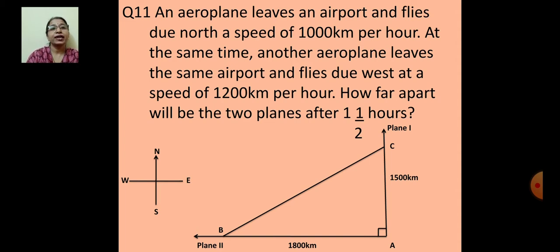From that point A, aeroplane 1 flies in the north direction and aeroplane 2 flies in the west direction, right? This 1500 and 1800 you ignore for the time being. We are going to see how we have calculated those values, right? And we have to find out after 1.5 hour what is the distance between these two planes.